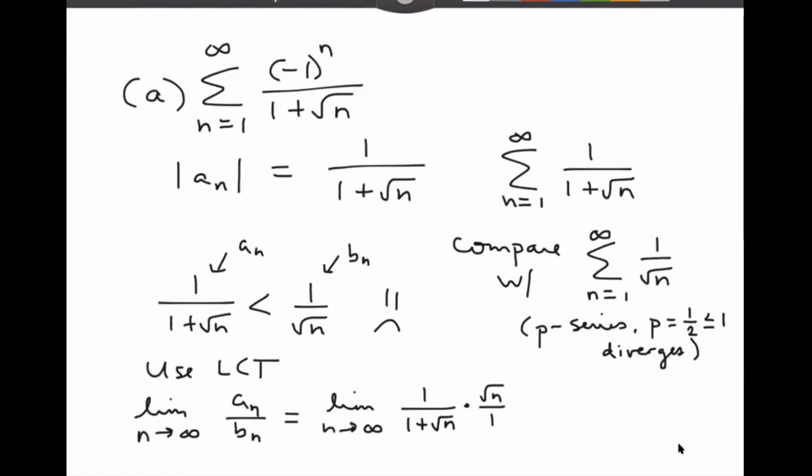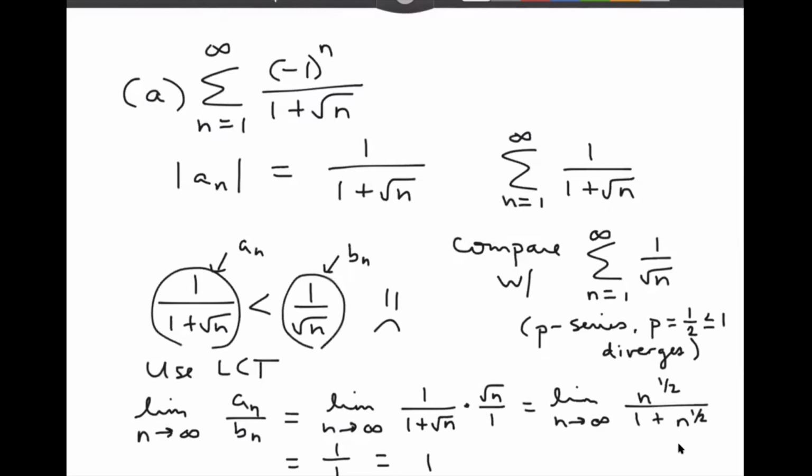So as n increases without bound, the limit of this expression is going to be the ratio of the quote unquote leading coefficients, which is 1 over 1, which is 1. 1 is finite and positive, and therefore this series and this series do the same thing. And since we know that this series diverges, that means this series also diverges.